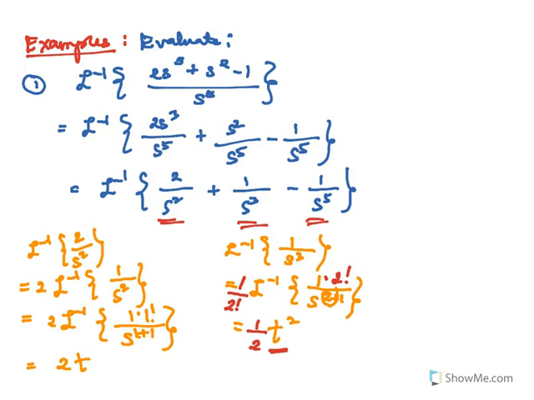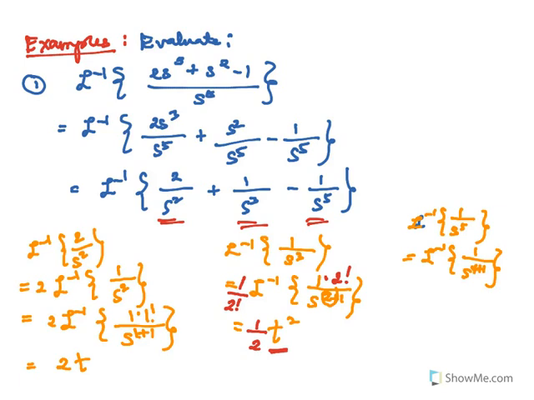Now, for the third term, you have here the inverse Laplace of 1 over s to the fifth. Just like yung ating 1 over s cubed, same thing, it will yield t to the n. Now, this one can be written as inverse Laplace of 1 over s to the 4 plus 1.